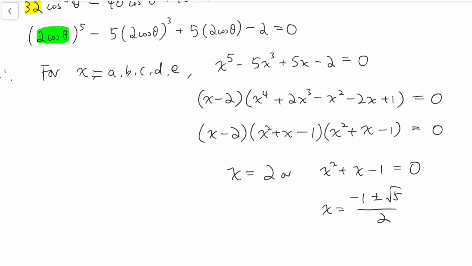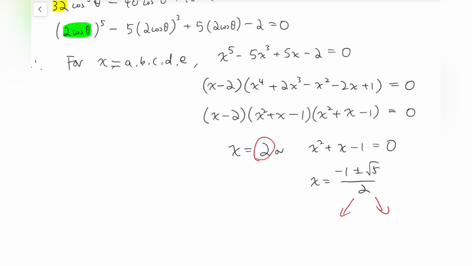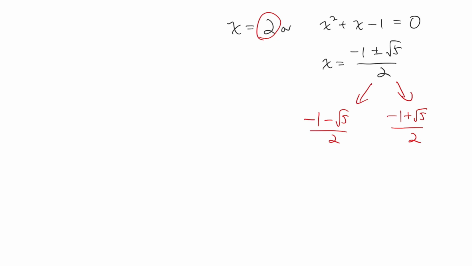Now from this we know that those unknowns a, b, c, d, and e have to be either 2, or minus 1 minus root 5 over 2, or minus 1 plus root 5 over 2.